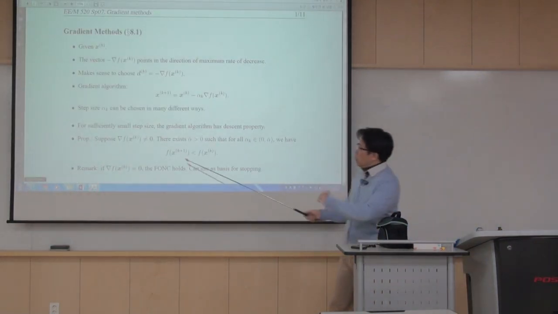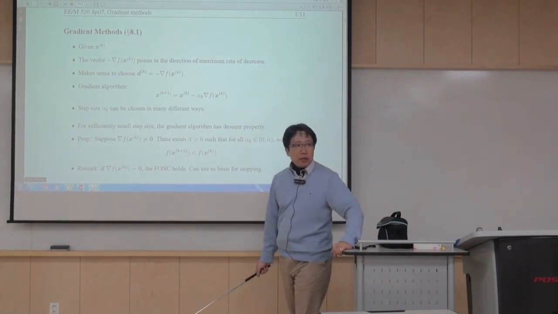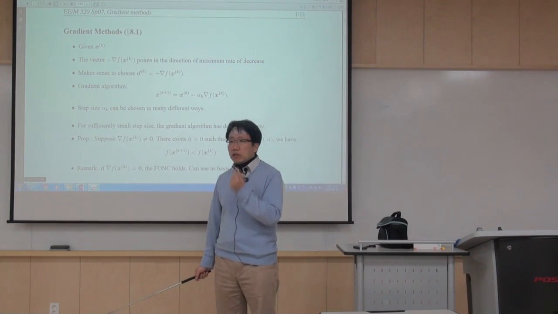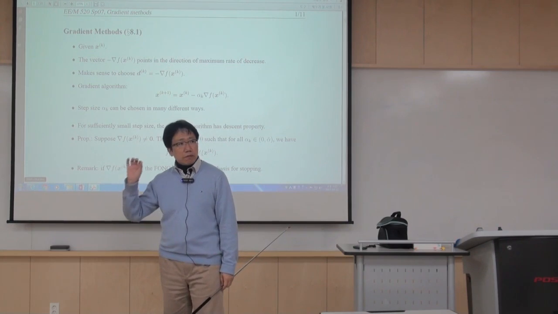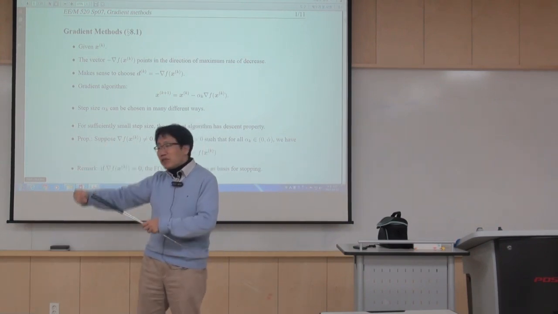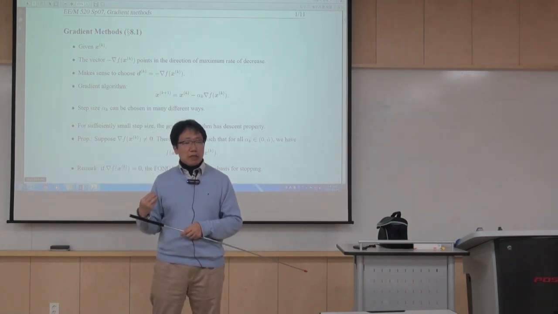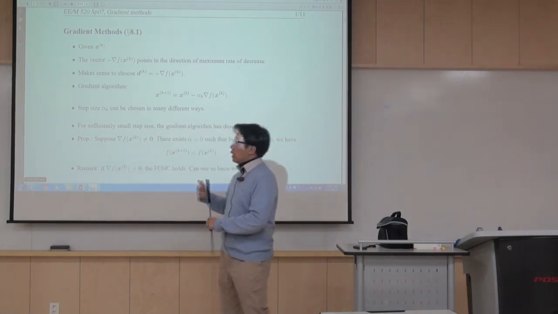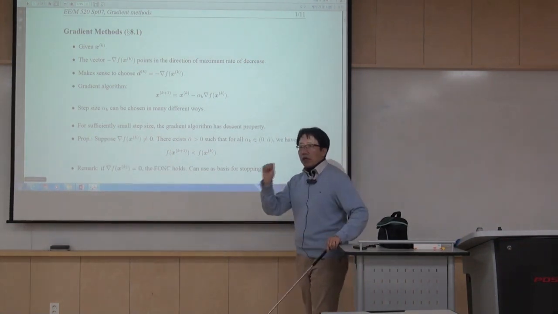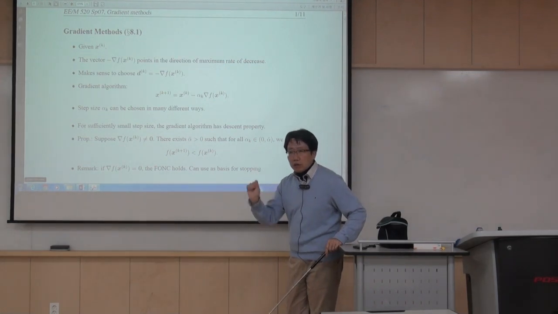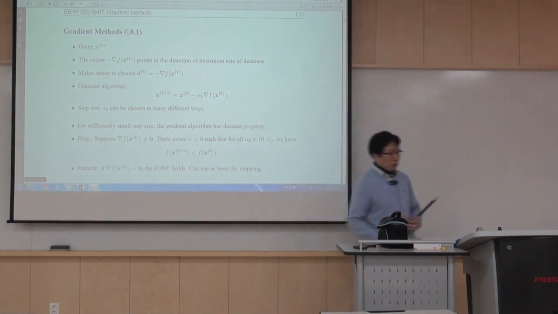It shows that we have a descent property if we cleverly choose our step size. Since our search direction is now restricted to a negative gradient, we are only left to choose a step size. But one good news here in this proposition is that there exists a step size that guarantees descent property, always.